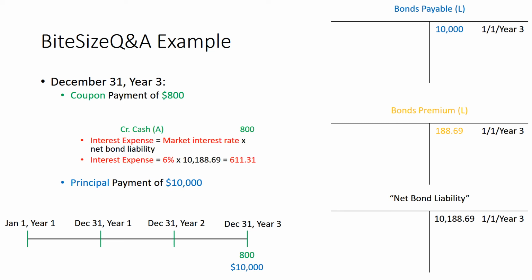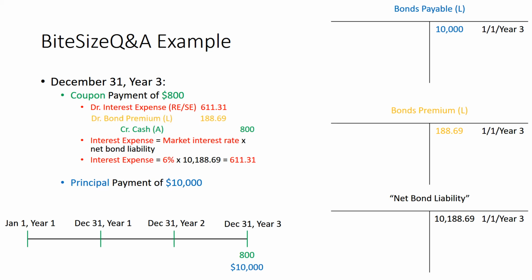Once again, we have to figure out what the interest expense is, so that's the market interest rate multiplied by the net bond liability, which at this point is $10,188.69. That gives an interest expense of $611.31. So we can debit interest expense by $611.31.